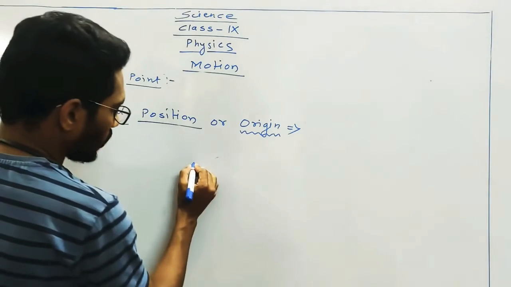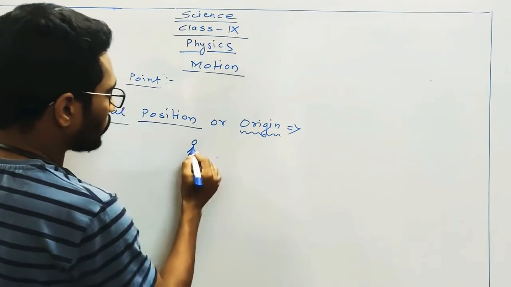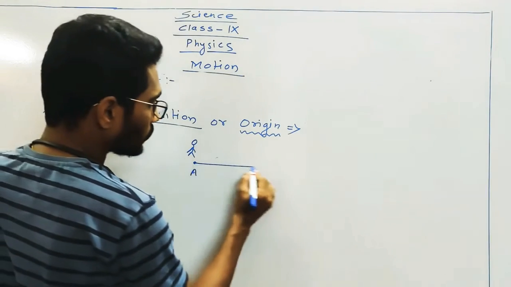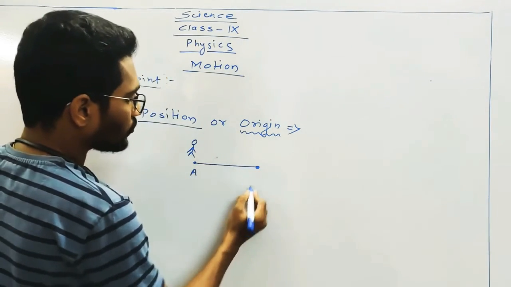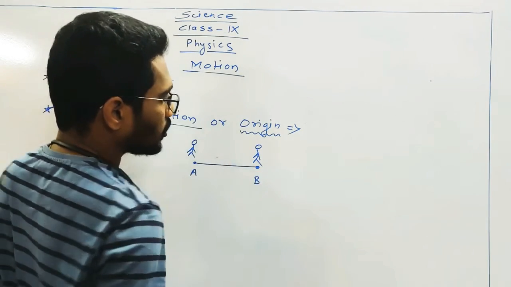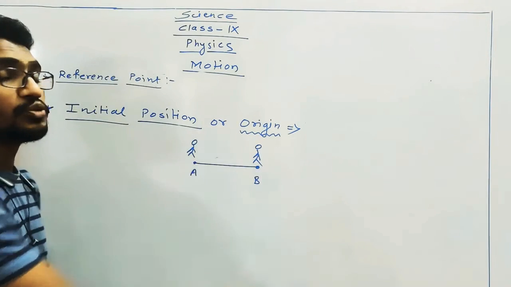Okay. Then what is meant by initial position? It means if the person is standing at point A and that person is going to displace from point A to point B, the object changes its position.